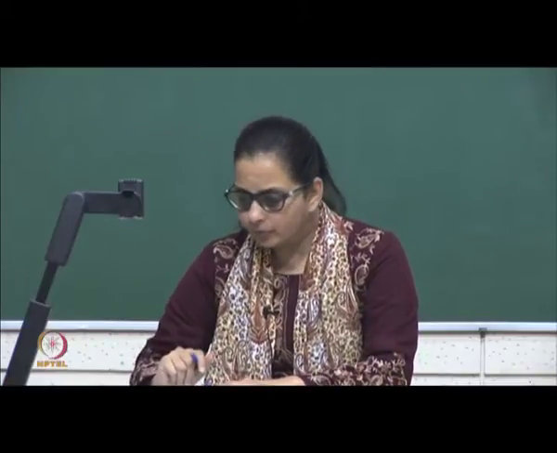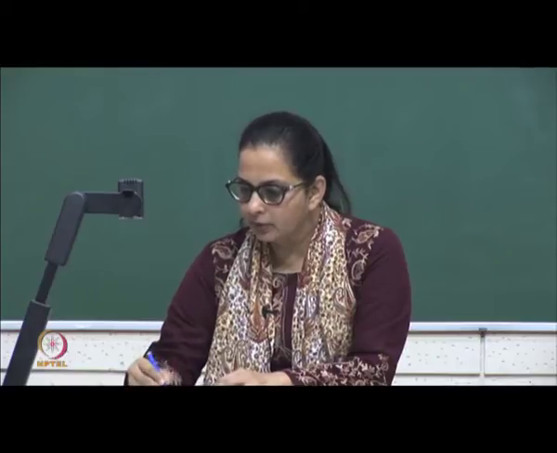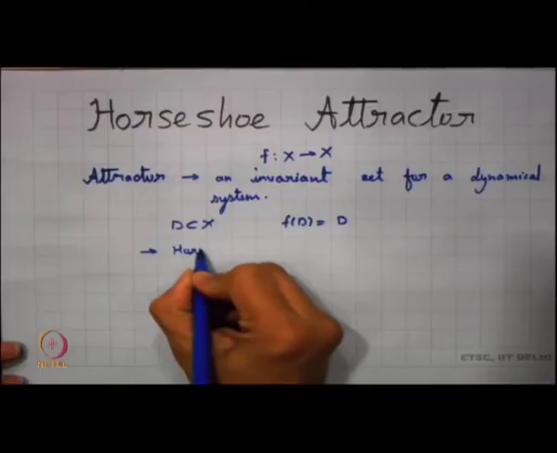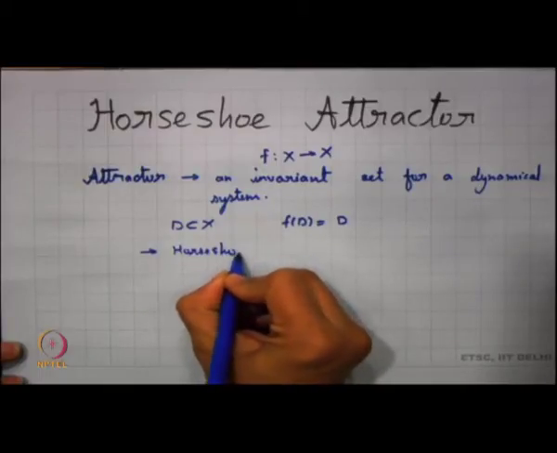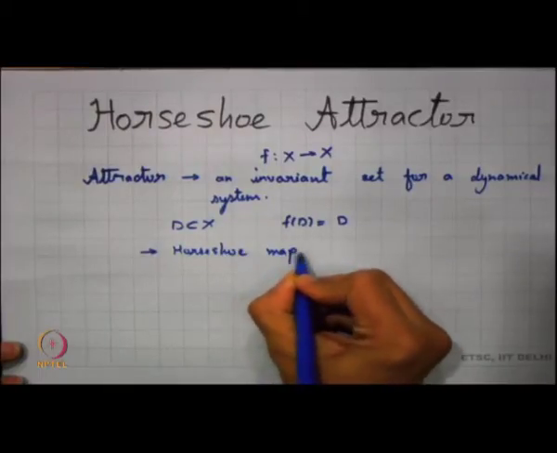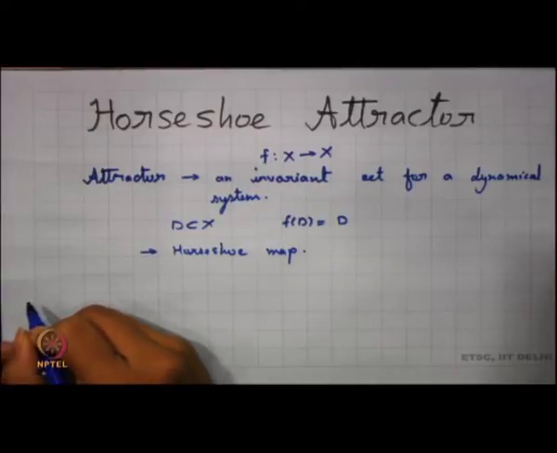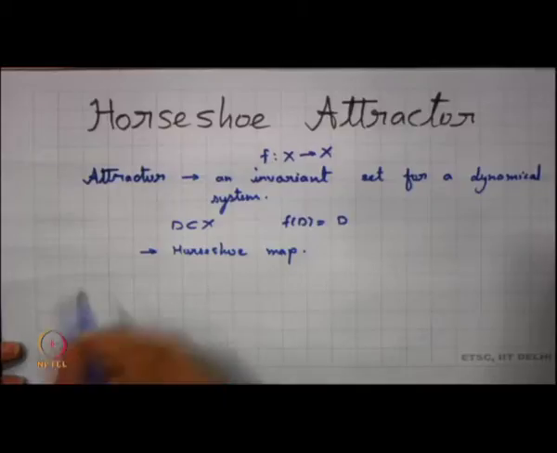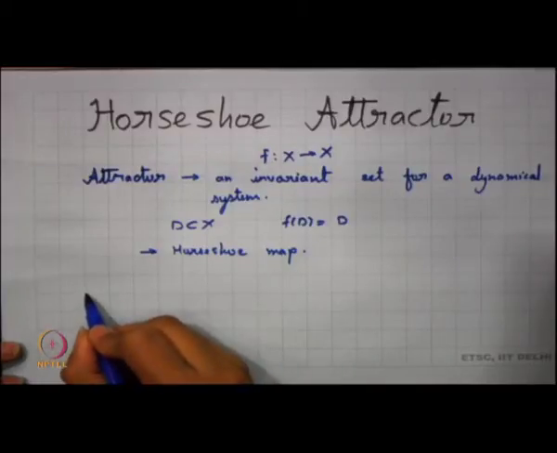Now, if you recall, last time we have seen what a horseshoe map is. So, we have seen a horseshoe map, and we had noticed that the horseshoe map is of this form.